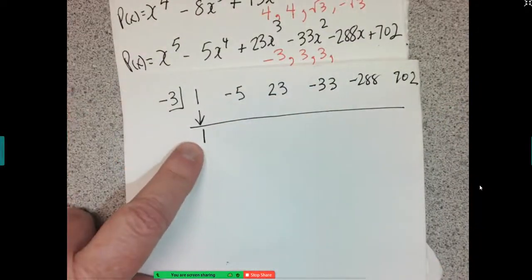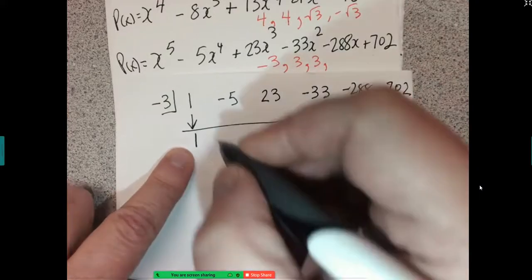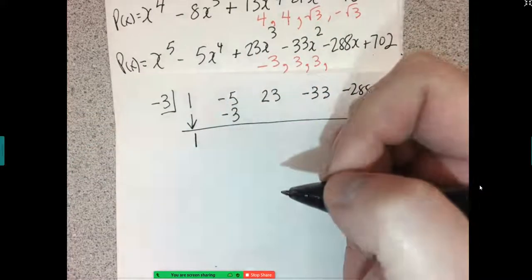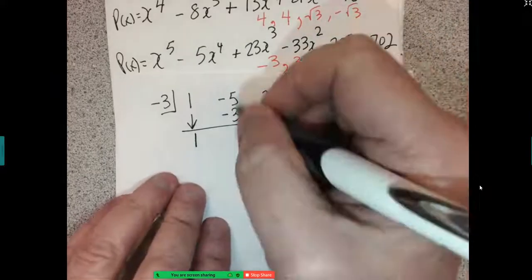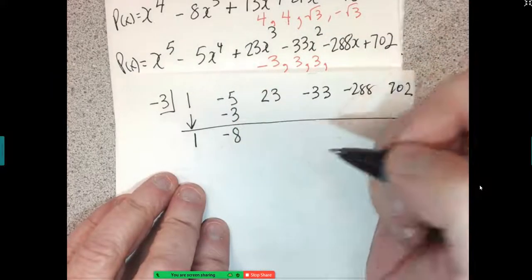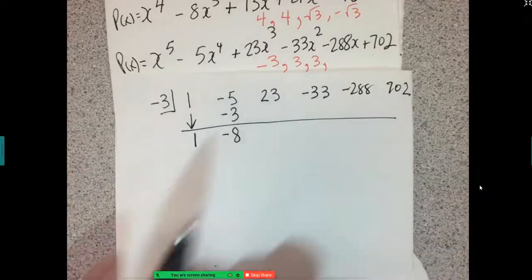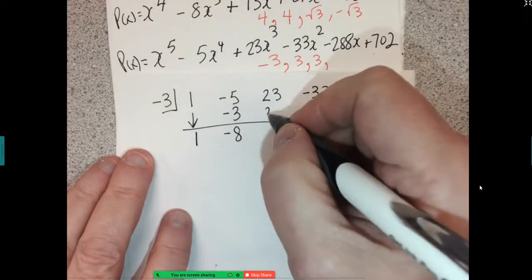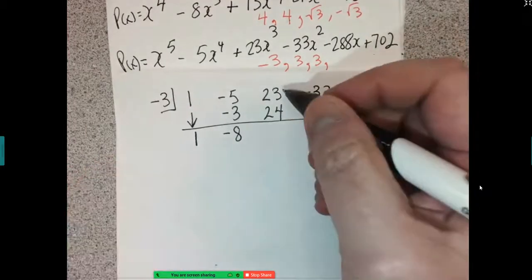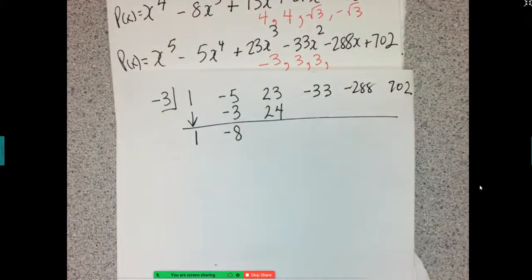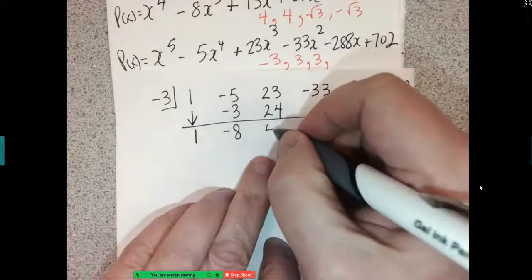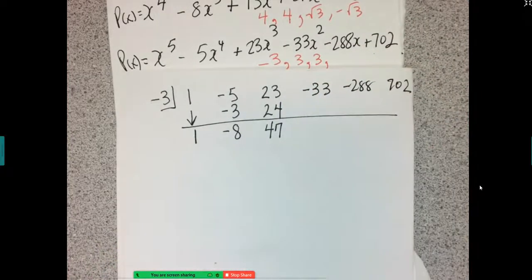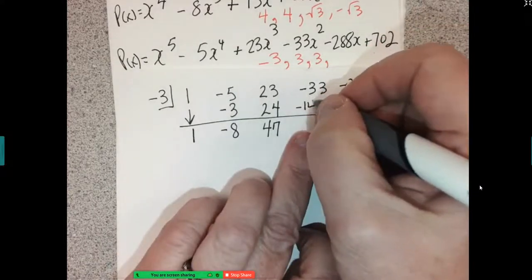So if I start there, that times the number in the box gives me that. And then I add, and I should get negative 8. Then if I multiply those two together, I will get a positive number, which is 24. Okay. And then I add these together, and I should be getting 47. And then I'm going to multiply that by negative 3 and get negative 141.